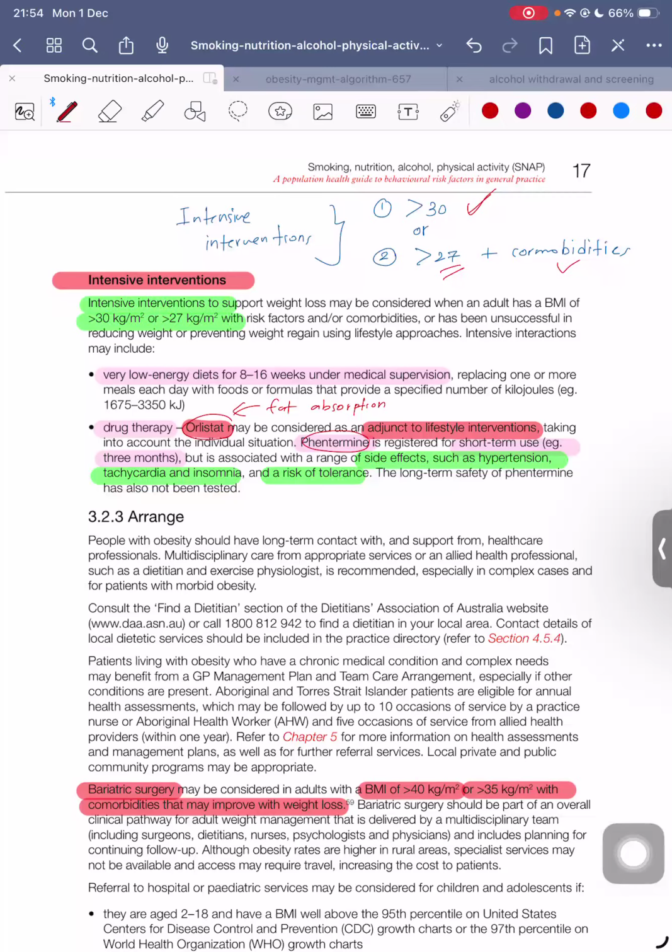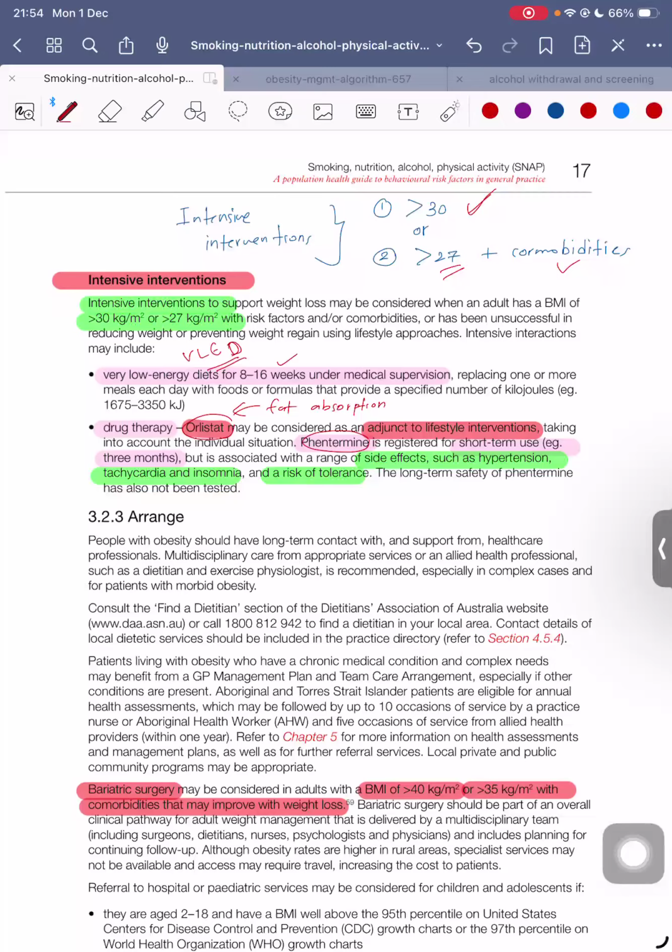For these patients, we have to think about a very low energy diet for 8 to 16 weeks under medical supervision. Very low energy diet, VLED.